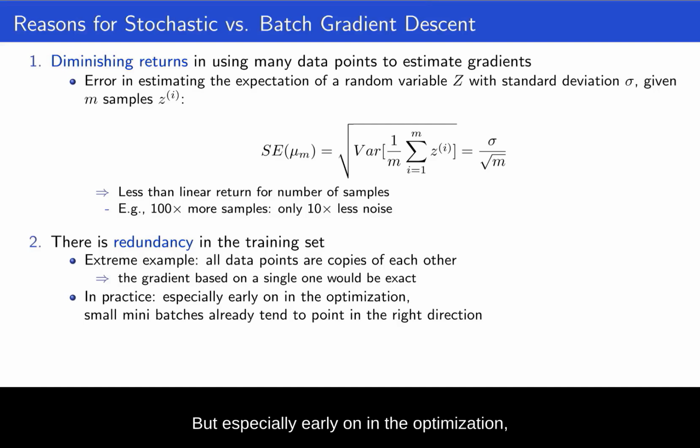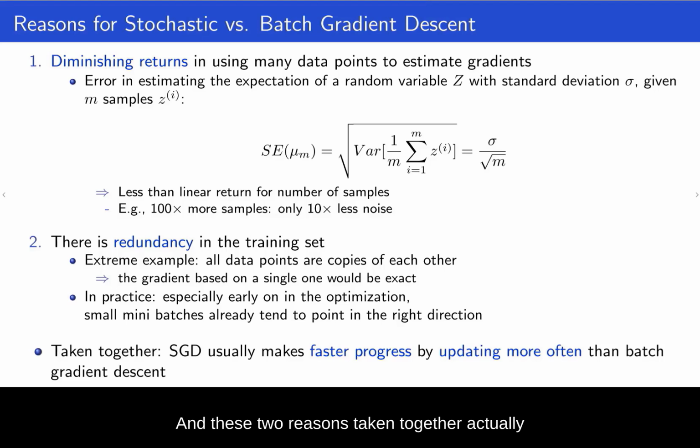But especially early on in the optimization, small mini batches already tend to point in the right direction, and most data points point in the same direction as the mean of the gradients of all the data points. So based on just a few data points, you can already make progress in the right direction, and you don't need to look at all the data points in order to go in exactly the right direction, because this is only exactly the right direction from your current point of view anyways, as this is a local gradient step.